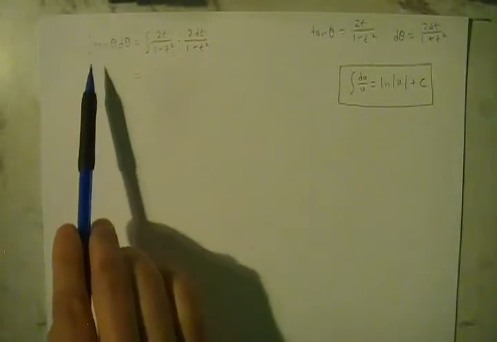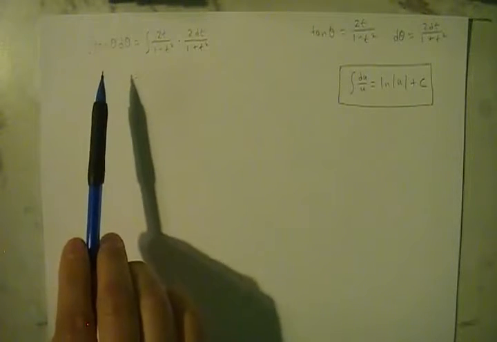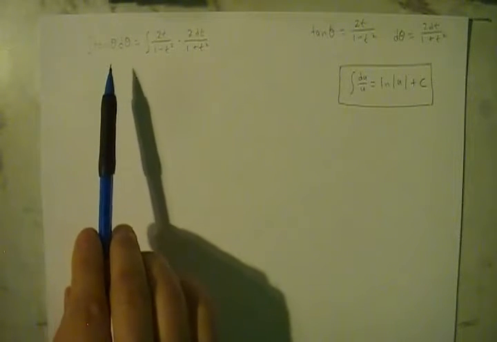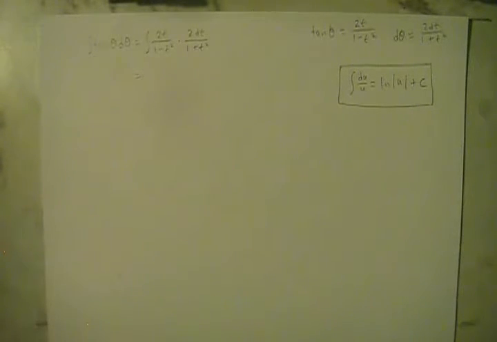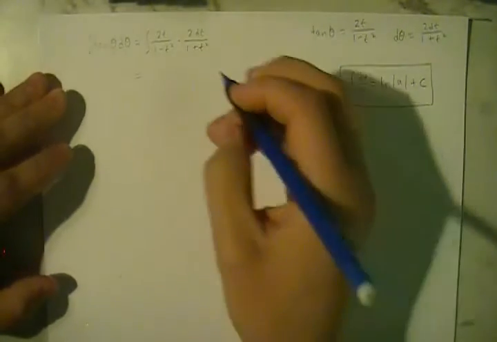So there are other ways to show that the integral of tangent theta d theta is the natural log of secant theta, but this is another way. It's a straightforward way, I think, in my opinion. I mean, there are probably more straightforward ways to show this integral, but this is one of them.